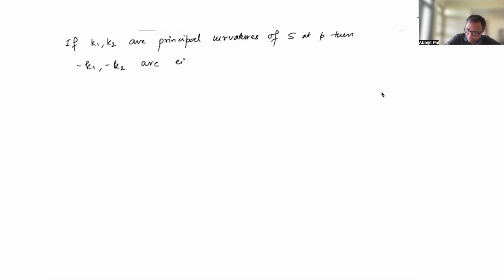So now suppose K1, K2 are principal curvatures of S at P. So then minus K1, minus K2 are eigenvalues of the operator dN_P.